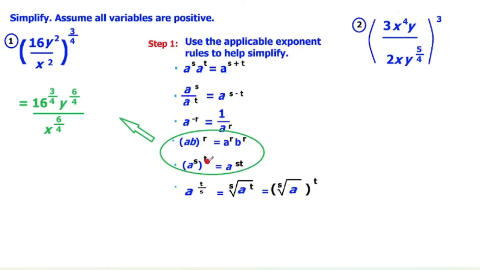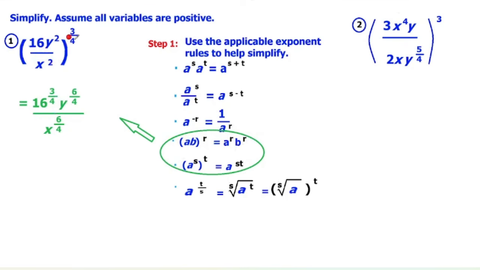We have an exponent out here, 3/4, that we need to multiply through into the rest of these exponents. And then we also have this situation where we multiply into each one of these. So it's a combination of both, okay?